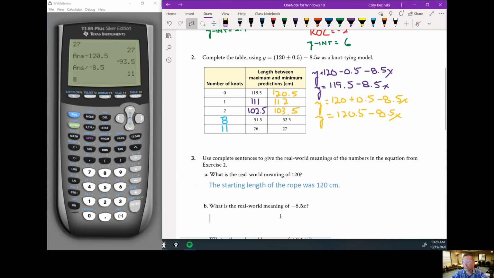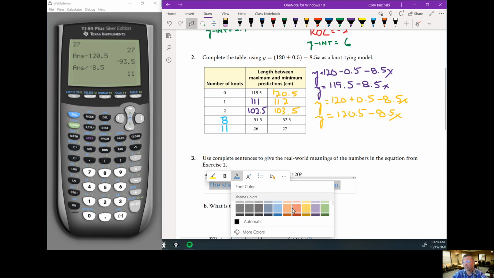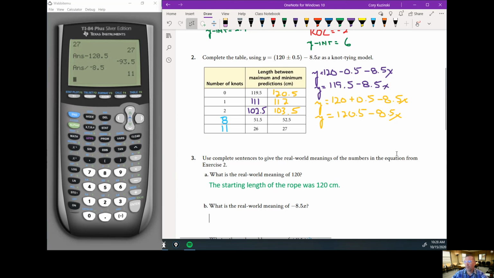What's the real world meaning of negative 8.5x? You know what, I'm going to put this in green because it's kind of like our y-intercept, right? So let's put that in green. For this one, what's the real world meaning of negative 8.5x?